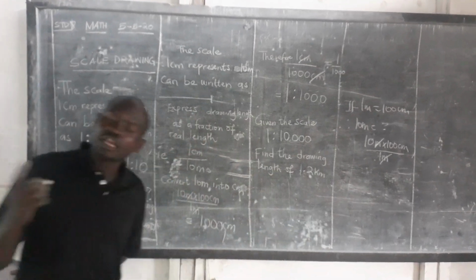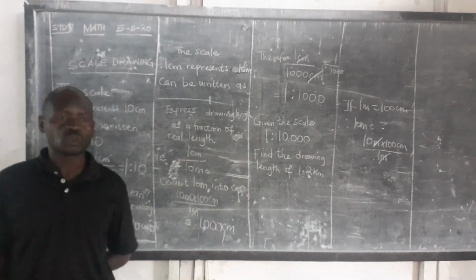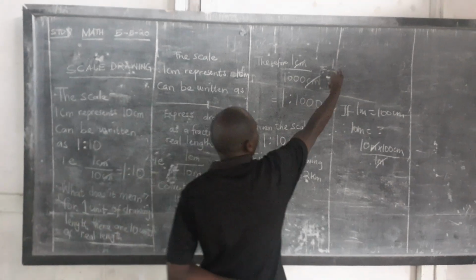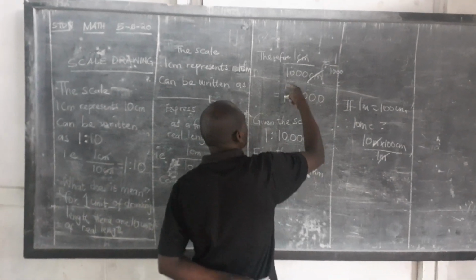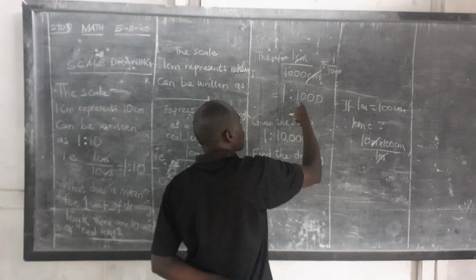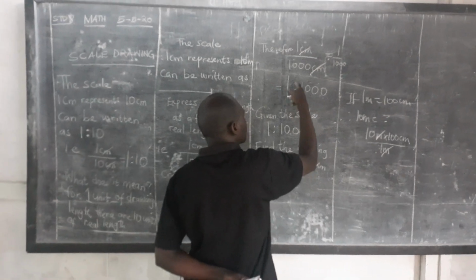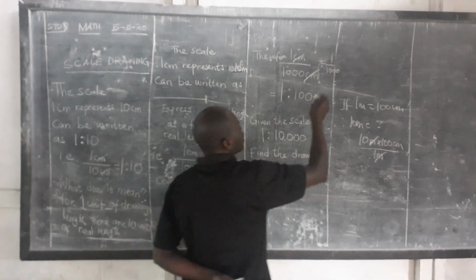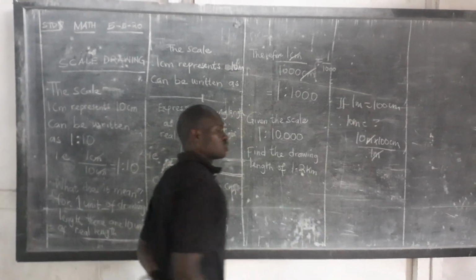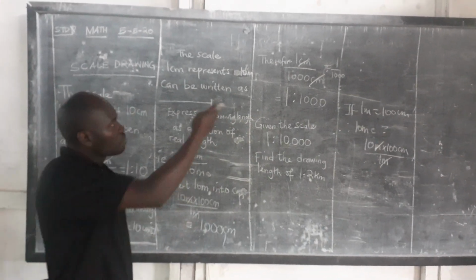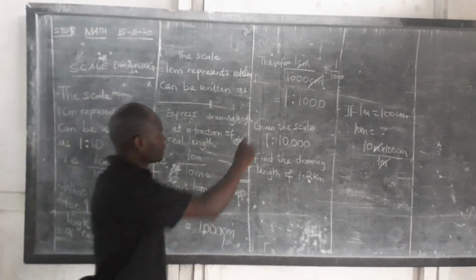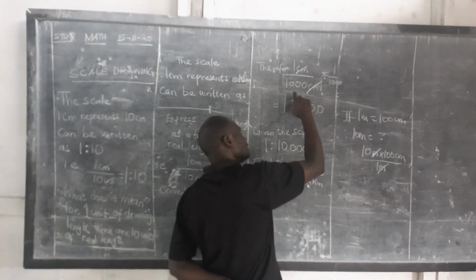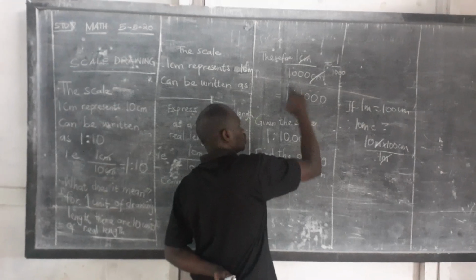A fraction can also be written as a ratio. A fraction is just a ratio. So when you have the fraction 1 over 1000, this is the same as 1 ratio 1000. This is the symbol of the ratio. Sometimes we call those two dots a colon in English, but in this case, this is the symbol of ratio.